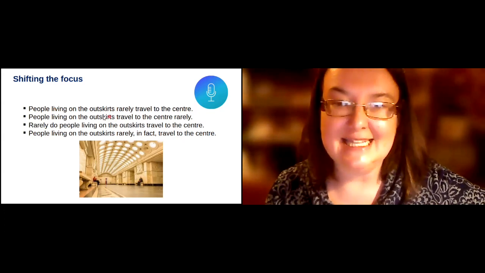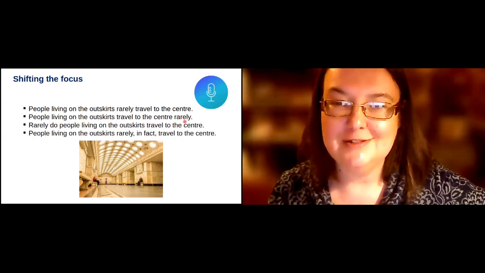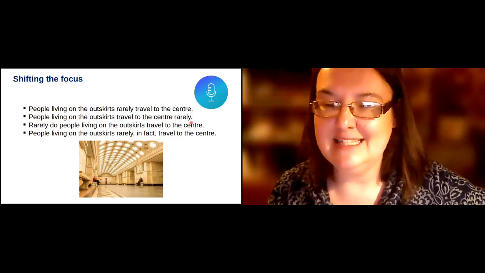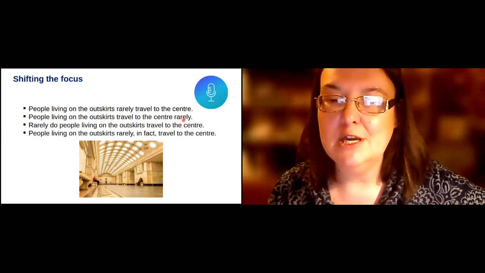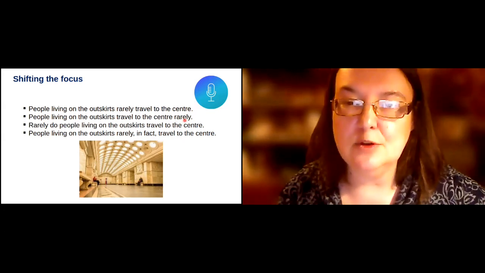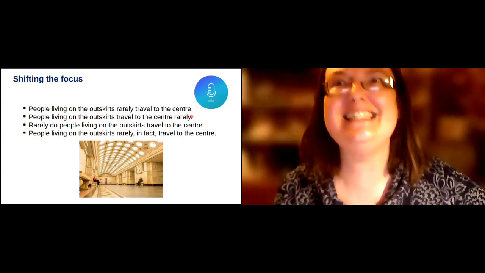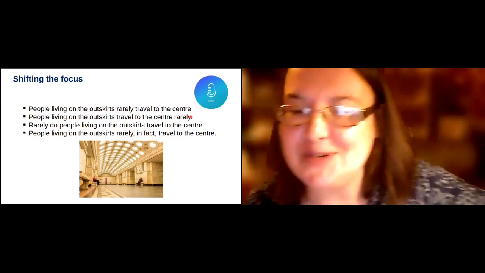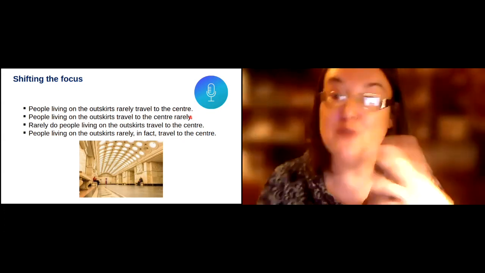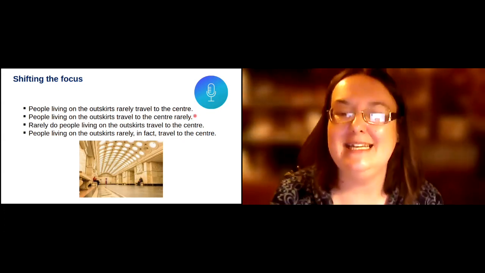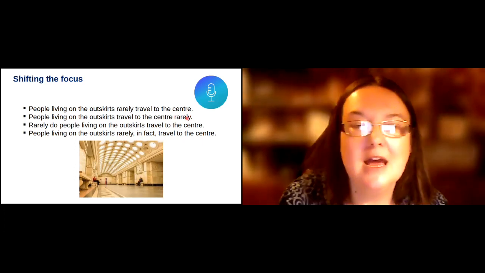In the second sentence, therefore, the writer has pushed rarely to the end of the sentence. So they want us to pay more attention to the frequency. Okay, so not just the existence of them not going to the center, but the qualification: well, they do go, but rarely, basically. So we're paying more attention to the frequency adverb here.